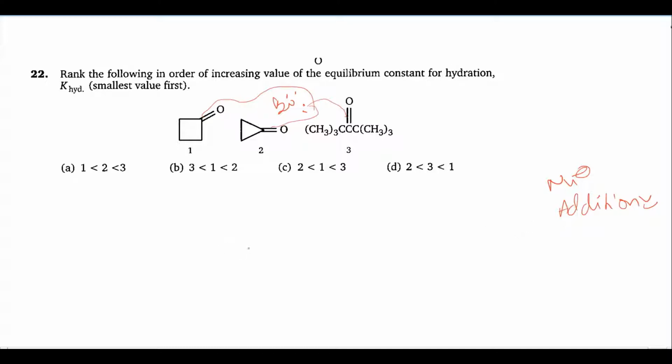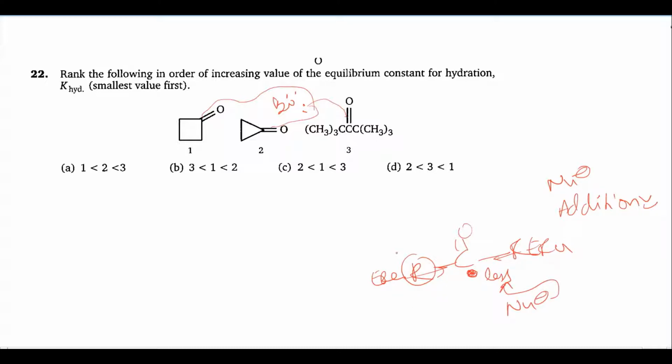Suppose C double bond O is there. Here some R group is there, like electron releasing groups. This side also an electron releasing group is there. What about the positive charge here? This is giving, which means the positive charge here is less. Whenever the positive charge is less, the nucleophile attacks slowly.